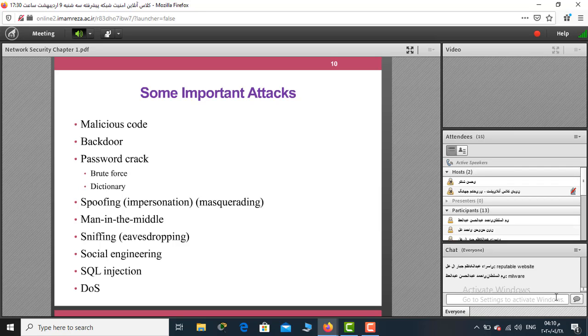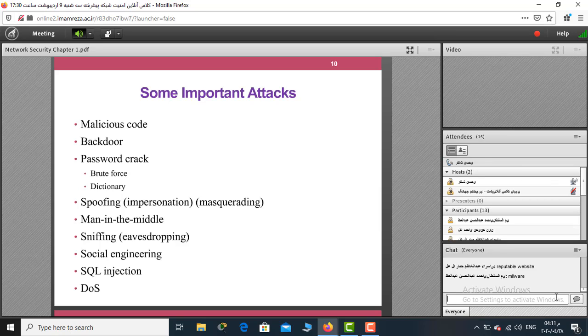Another type of attack is backdoor. Backdoor means a door that is located on the back of a building, yes? But here in computer security, backdoor means a point in a program that allows an attacker to enter the program and access its information and its code. How is such a backdoor created?